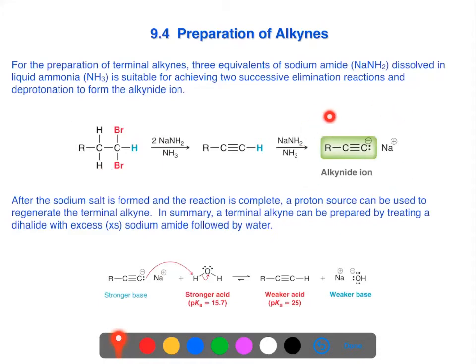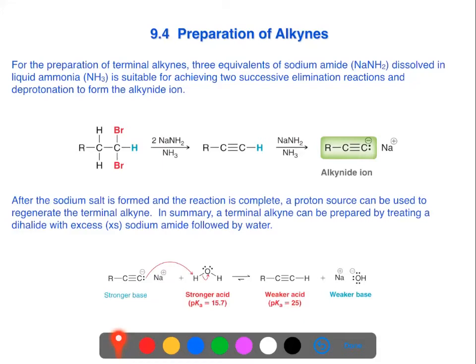And so then generally what happens is once we form the alkynide ion, in a second separate step, we will quench the reaction, or we will add, in this case, water to the reaction, and that water will react with the alkynide to form the terminal alkyne.